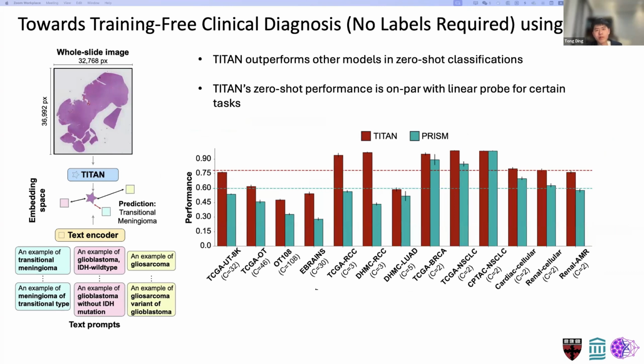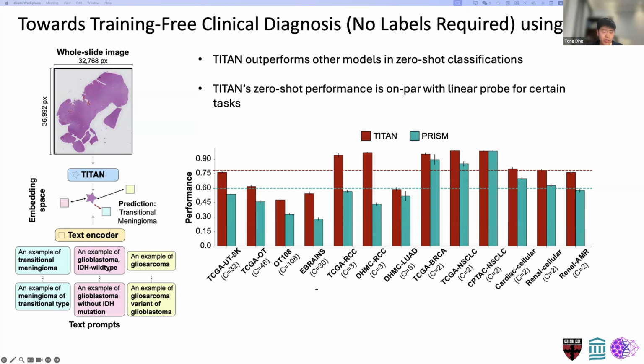And besides these unimodal capabilities of Titan, the vision language alignment further enables us to do training-free clinical diagnosis using zero-shot classification, where we use a template to formulate our labels, for example, glioblastoma IDH wild type, and we use our slide encoder to encode our slide into the shared feature space, and then we can calculate the similarity score between a slide and a text description.